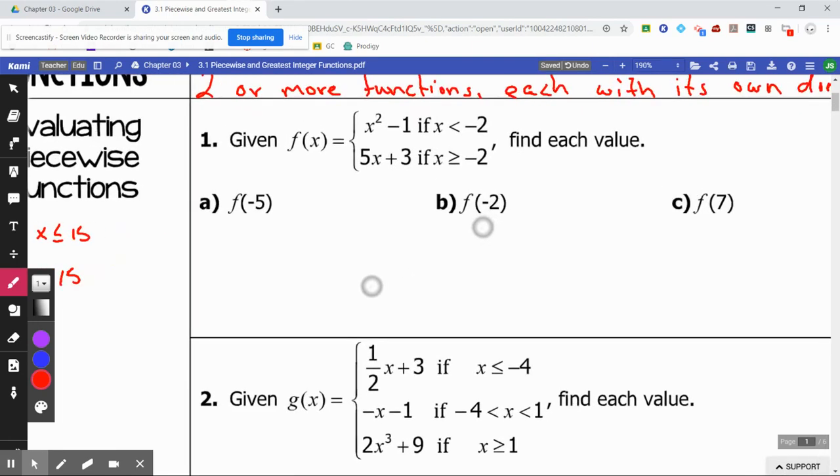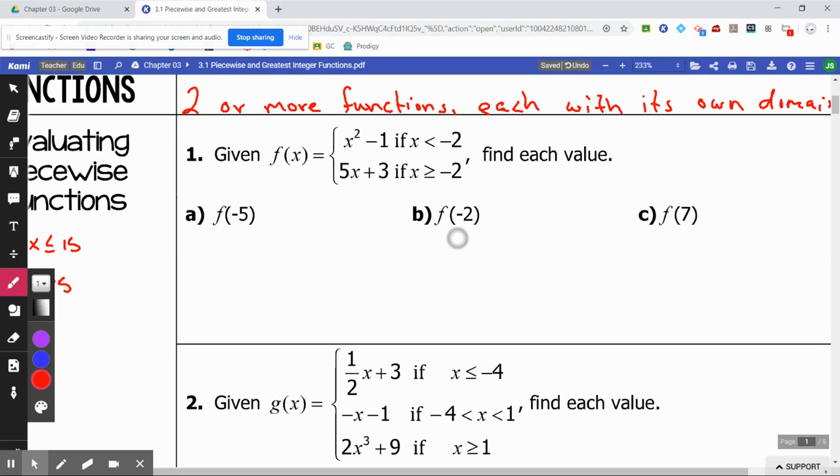Notice on number one, let's look at some of these. This is what a piecewise function looks like. Here's your function. f of x is equal to both of these, but it's equal to the two of them, all depending on what your x values are. If your x value is smaller than -2, then you're going to plug into this function. Same way with the example I gave you.